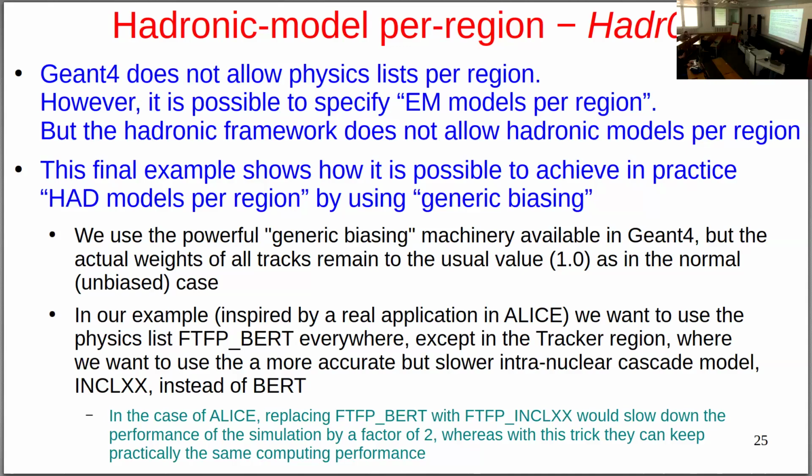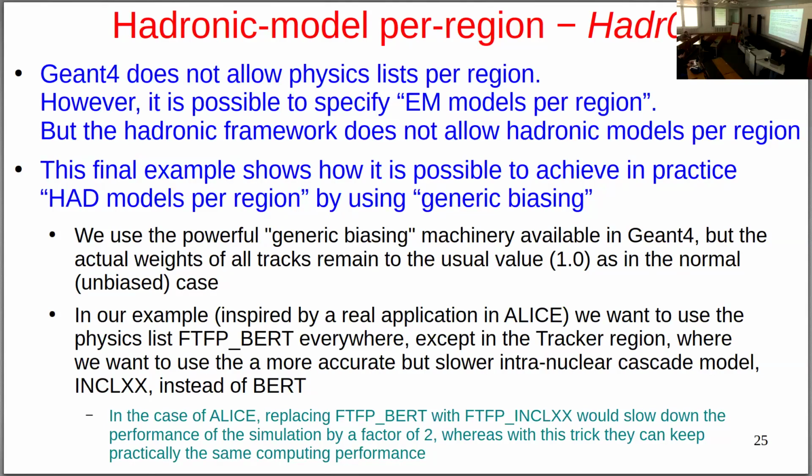There is no physics list per region. However, for electromagnetic physics, you can specify different models for different regions of your detector, only for electromagnetic models. This is not possible in the hadronic framework for hadronic models. So you cannot use FTF in one part and QGS in another part. The hadronic model has to be used everywhere.